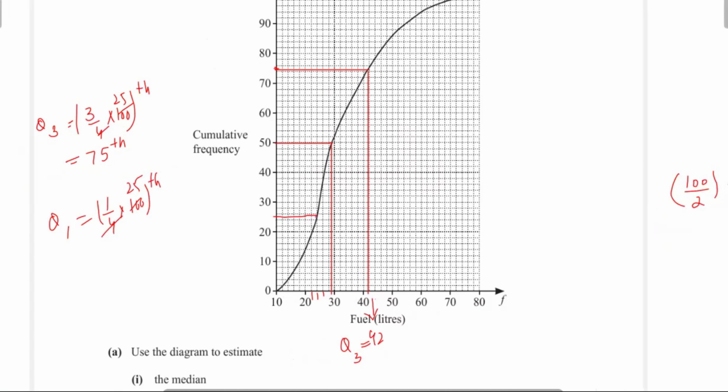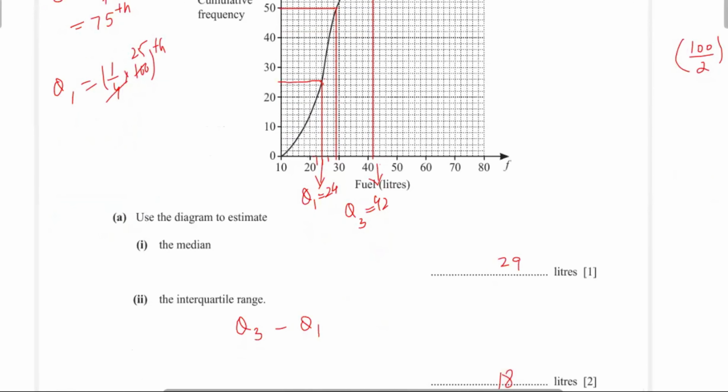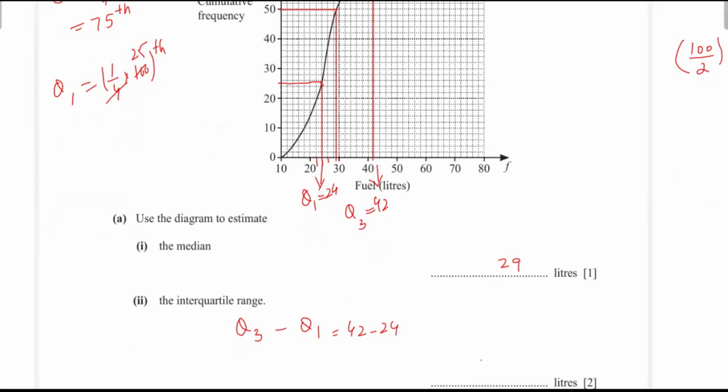We draw the vertical line, and this is the position of the 25th customer's fuel, and at this position the value is 24 because each small square is equal to 2 units. Therefore Q1 equals 24 liters. Now we take the difference, 42 minus 24 equals 18 liters.